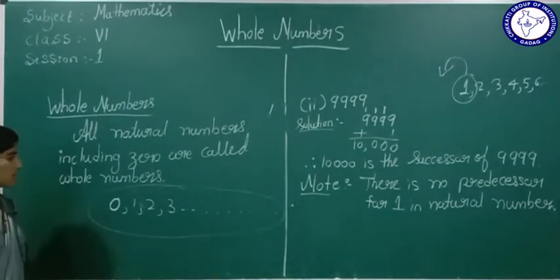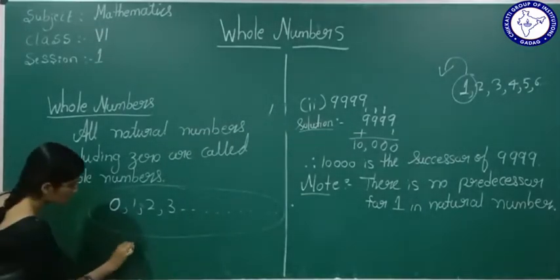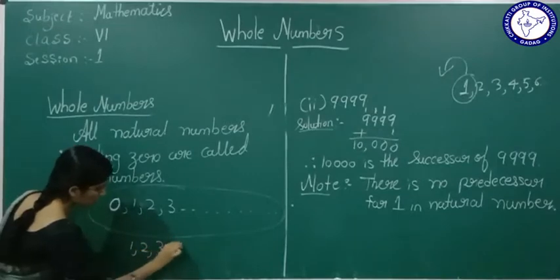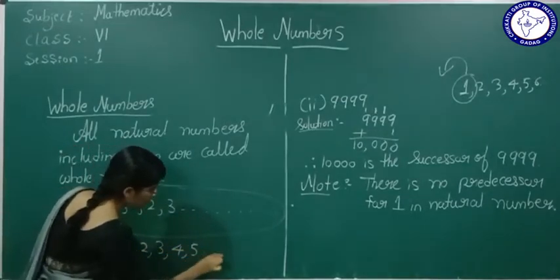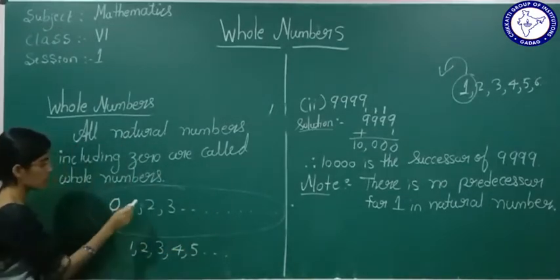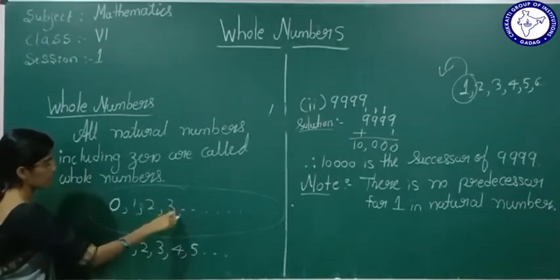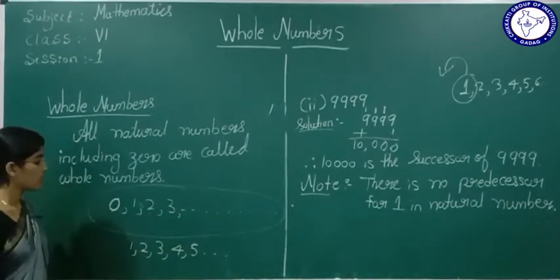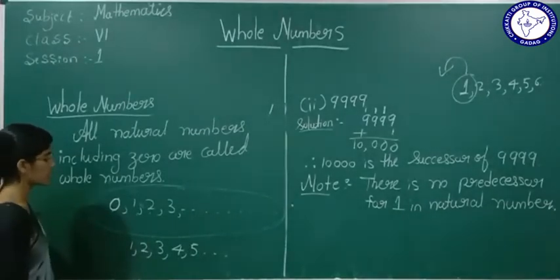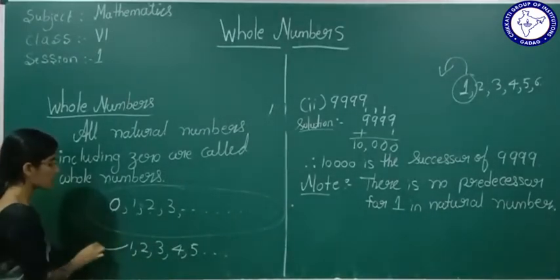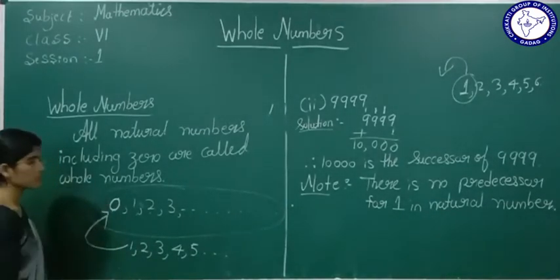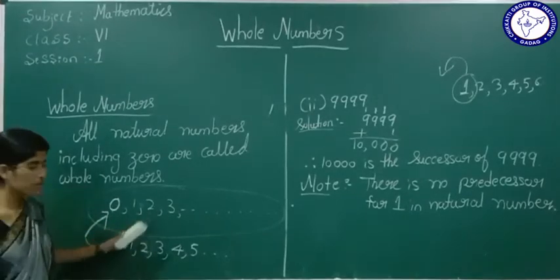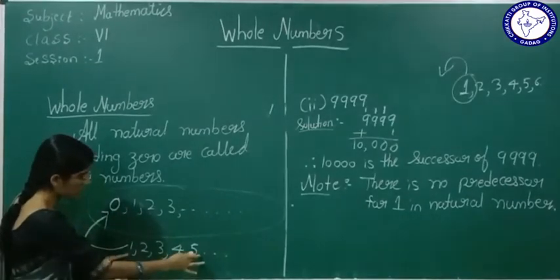Now see here, natural numbers start from 1, 2, 3, 4, 5. But whole numbers start from 0, 1, 2, 3. Now I will ask you one question, students. Tell me, are all natural numbers whole numbers? See, these are natural numbers, right?